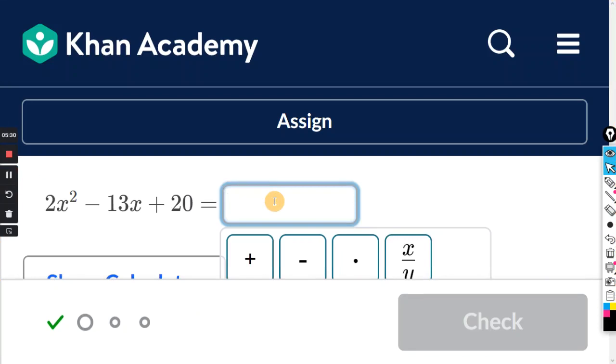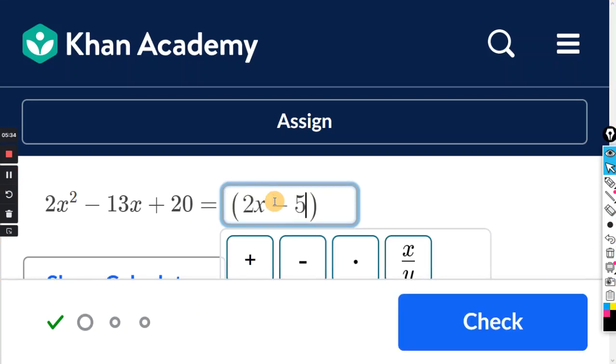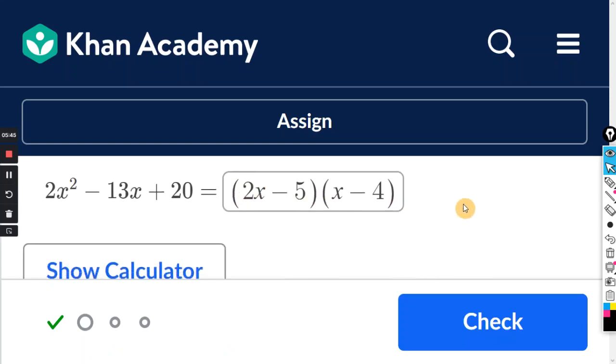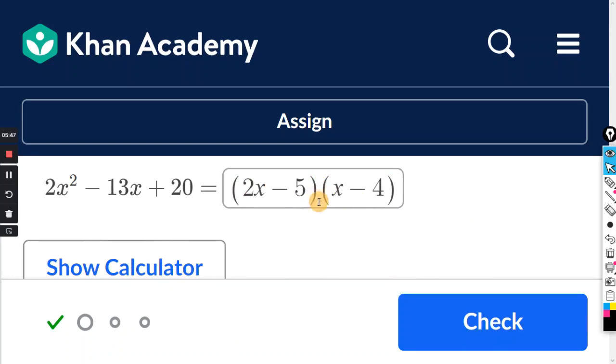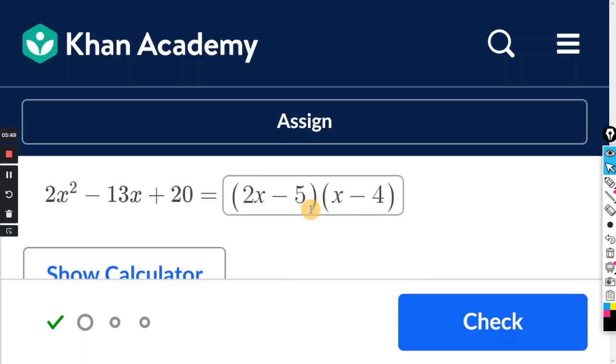So in the box, type parentheses, 2x minus 5, hit the right arrow key, type parentheses again, x minus 4. So there you go, 2x minus 5 times x minus 4. So notice the plus sign in between is removed because this is now in factored form.